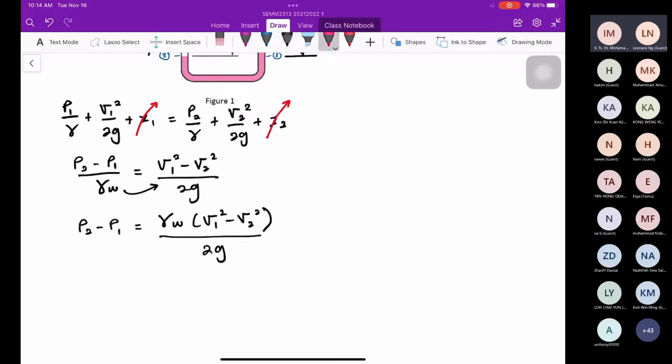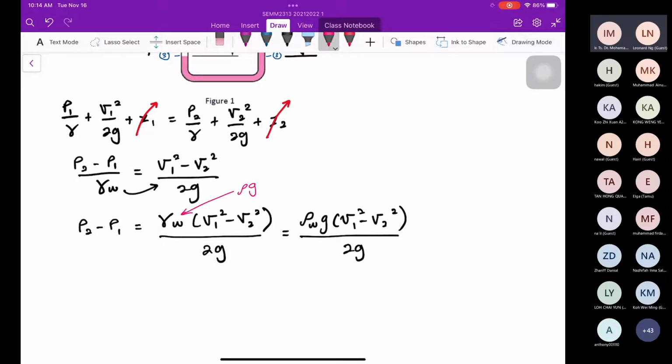Now I expand gamma in terms of rho g. So it becomes rho of water times g times (V1 squared minus V2 squared) over 2g.